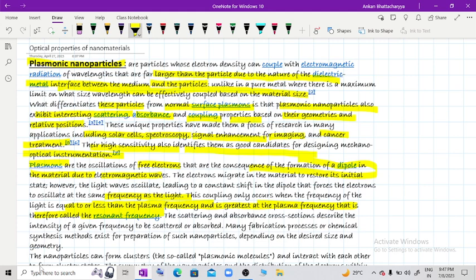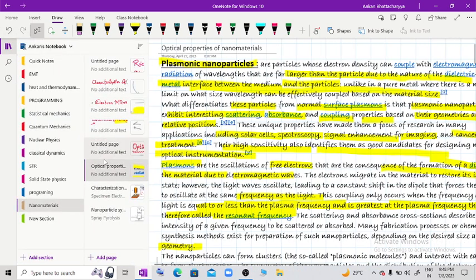The scattering and absorbance cross sections describe the intensity of a given frequency to be scattered or absorbed. Many fabrication and chemical synthesis methods exist for preparing such nanoparticles, depending on the desired size and geometry. Okay, so this is something about plasmonic nanomaterials and surface plasmons.